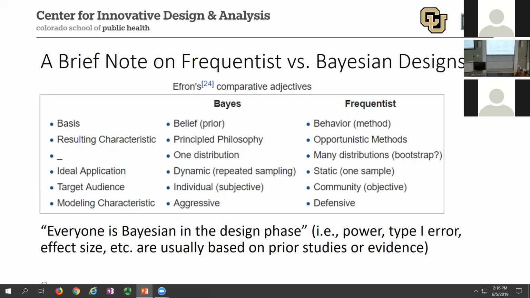From everyone's favorite rigorous academic source, Wikipedia, we have this nice little table summarizing Bayesian and frequentist approaches with Efron's adjectives. If you aren't familiar with Bayesian methodology, the big double-sided sword is that you have a prior specification involved in your process. It can potentially be beneficial because you can incorporate meaningful information into your trial and meaningful design pieces.